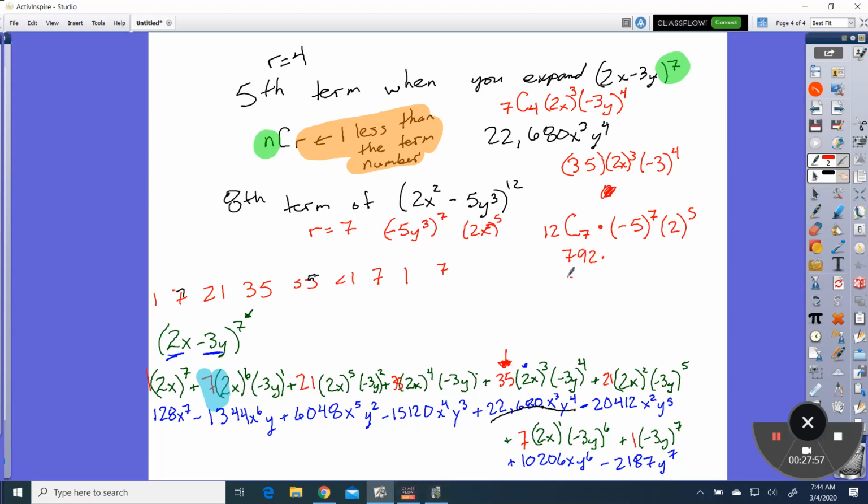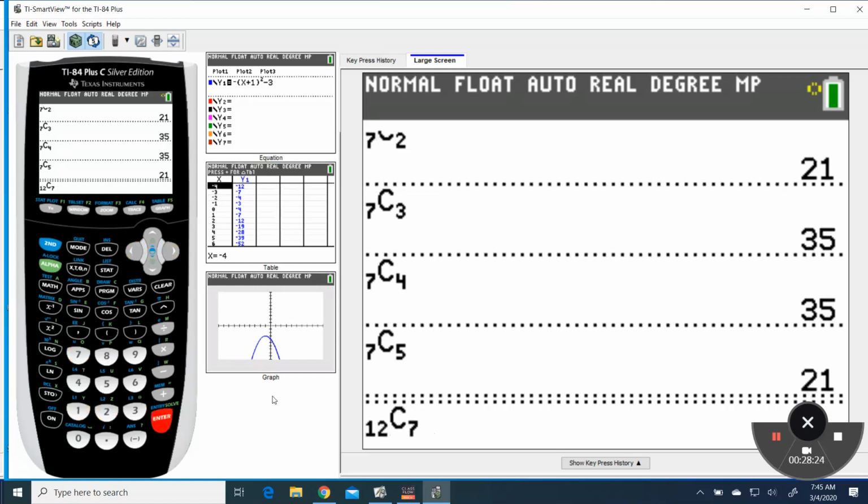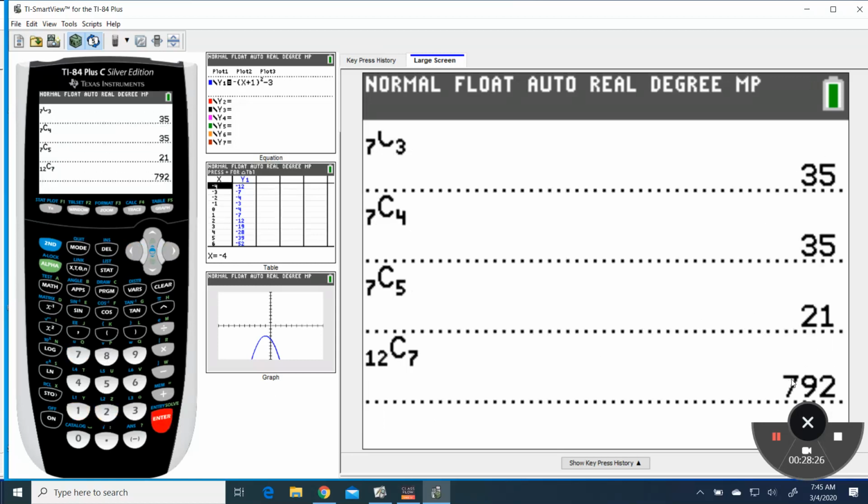$1 billion? 980 million, and then, so you did this and you put a 12 at the beginning, right? And so when you told me it was 792, that's right.